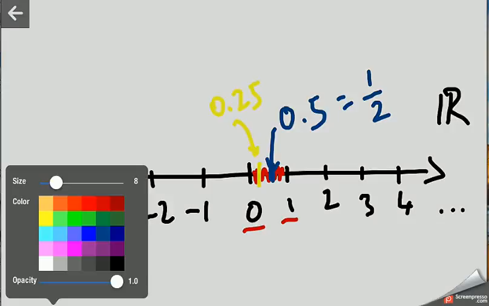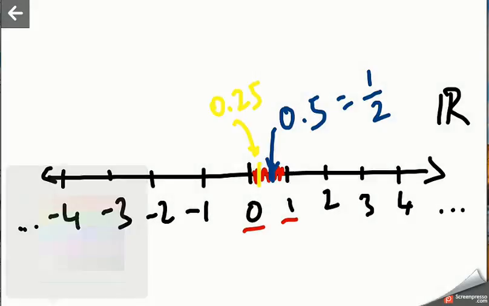Once again, we can take the middle of 0 and 0.25. See if I can draw it properly. Yep, got a pretty good one. So this is, well, what's 0.25 divided by 2? 0.125. So that's halfway between 0 and 0.25. My point is, we can keep doing that forever.